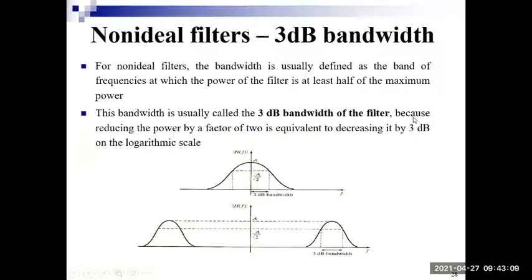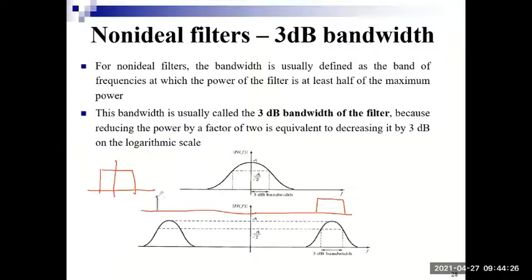So what we considered till now were ideal filters, but what happens in a practical filter? What is the difference between the ideal and practical filter which we see here? See, the ideal low pass filter looks like this and the practical low pass filter looks like this. The ideal band pass filter would be something like this.